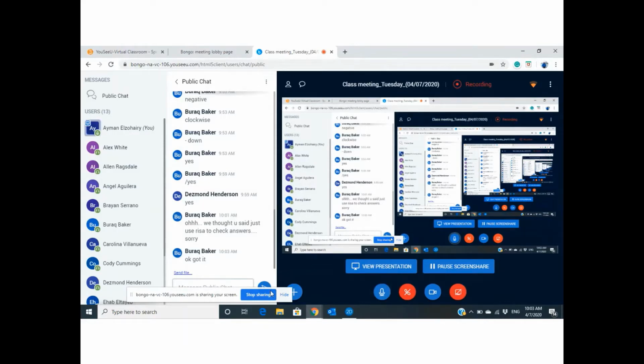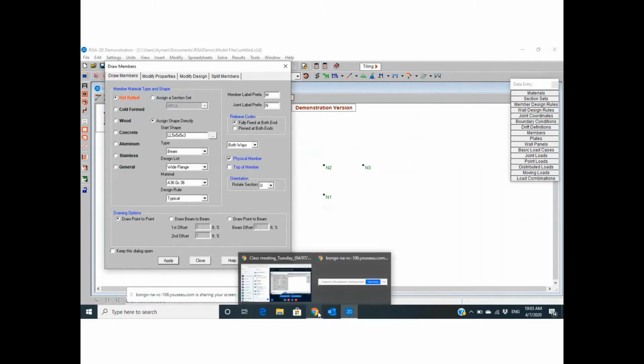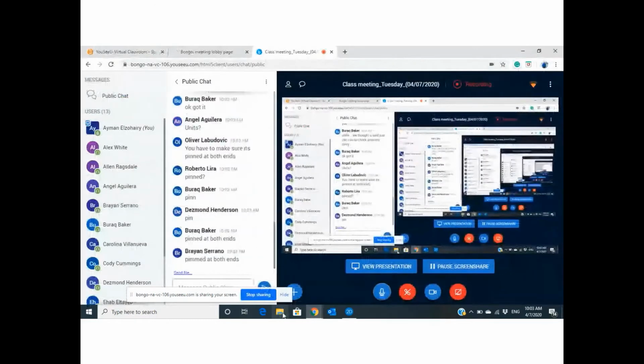Anyway, anybody can tell me what should I do next before starting to draw my member? I forget something to draw members in trusses. I think there is another option in this screen I need to highlight before starting. Any guide? Yes, thank you, Desmond.